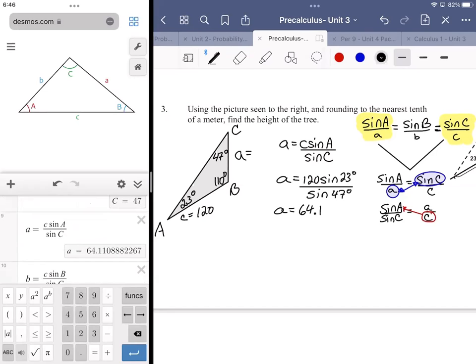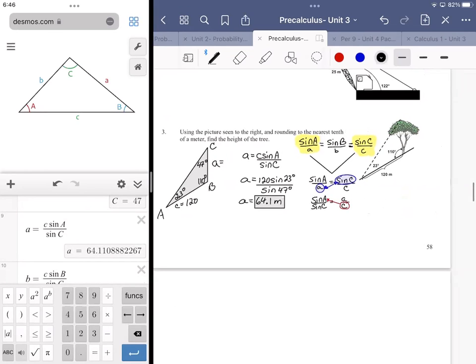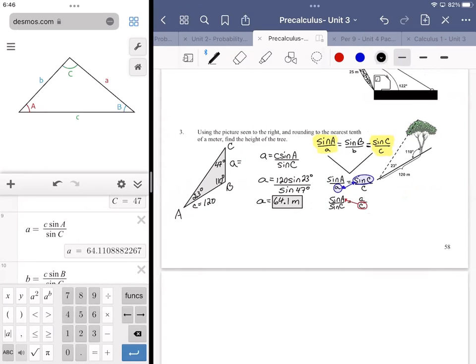It said to find the height of the tree to the nearest tenth of a meter. So 64.1 meters. In the first problem, I found the other side just to show you, but in this case, I couldn't come up with a real justification for doing that. I don't know why I would want to know the length of the dashed line, so I figured, why bother?